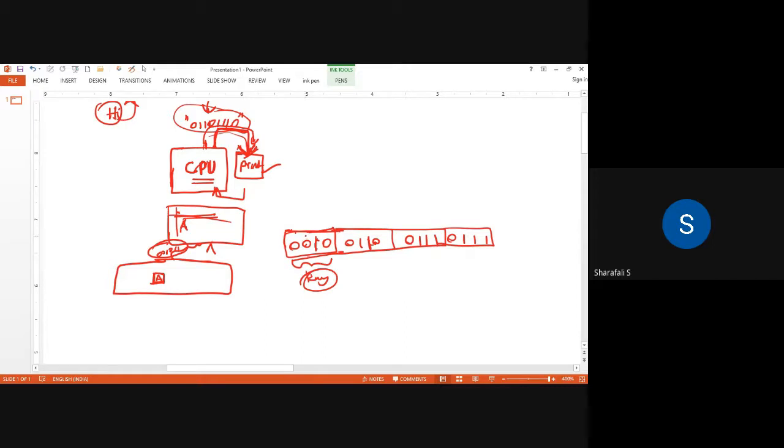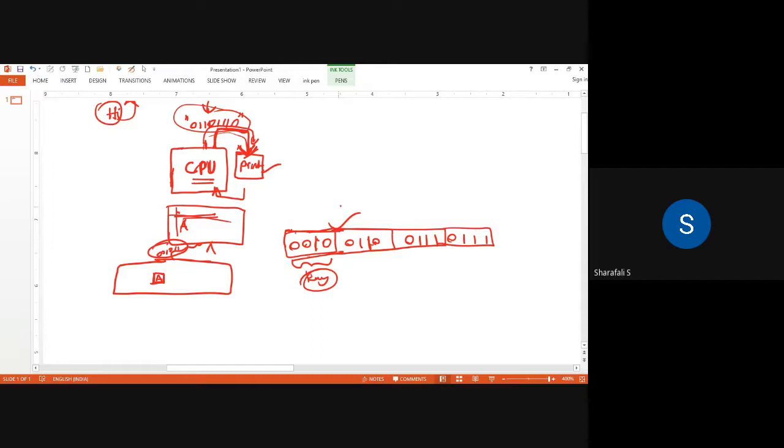We can create programs in order to have some particular function, or some particular operation performed by these devices. All these devices communicate by using these binary codes, and if you can manipulate these binary codes, then you can change the action of these devices.